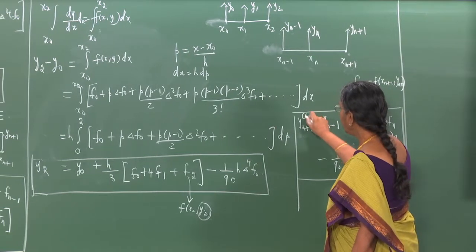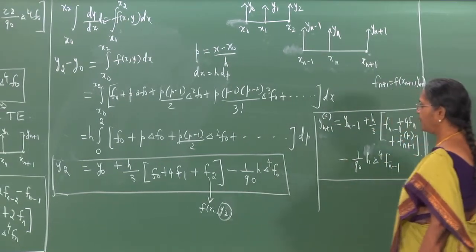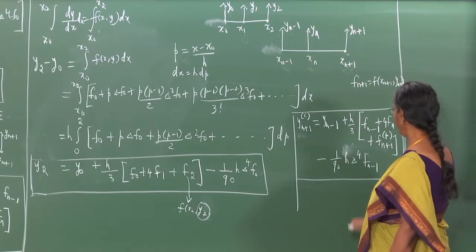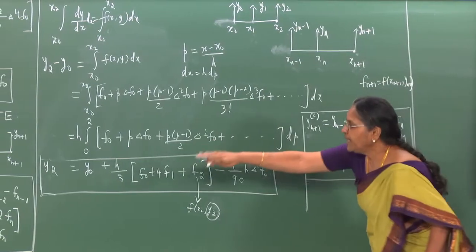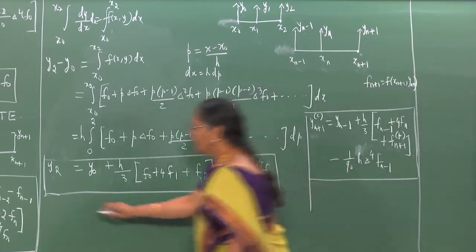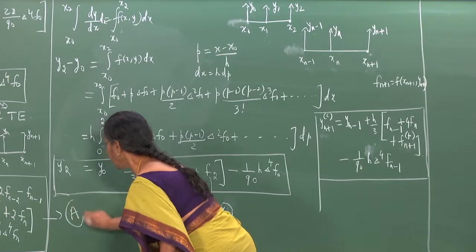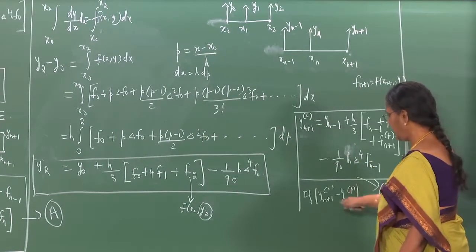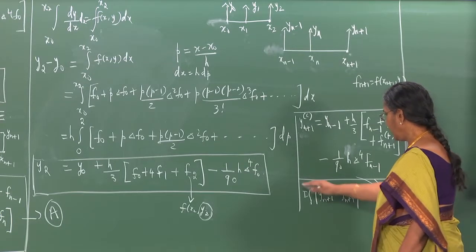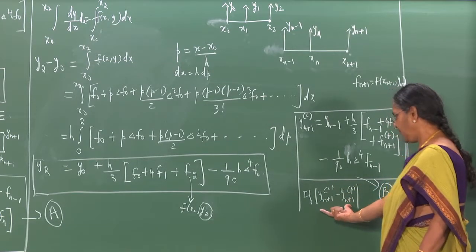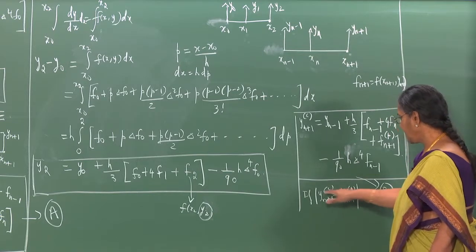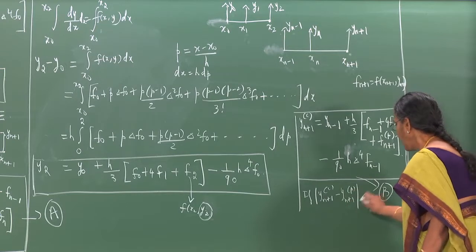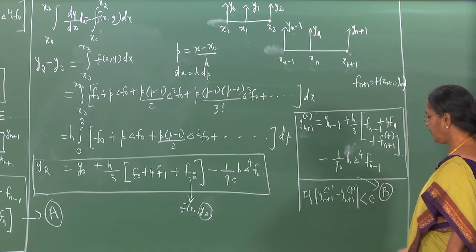Since I have obtained a new value of yn plus 1, I call this yn plus 1 corrected value. So, I predicted it by using formula A and I corrected it using formula B. At this stage, I check whether the absolute value of the difference between the corrected and the predicted values of yn plus 1 is less than epsilon.